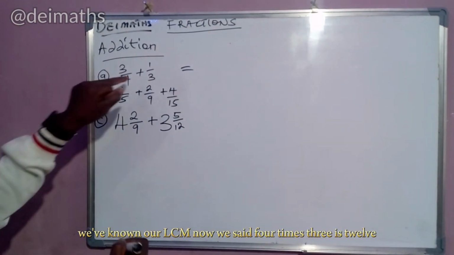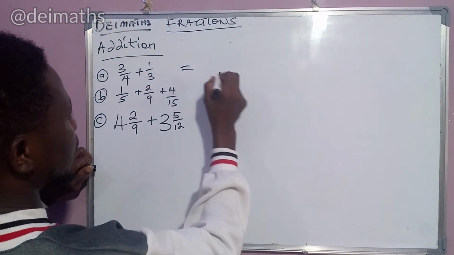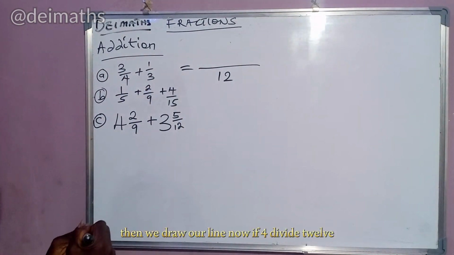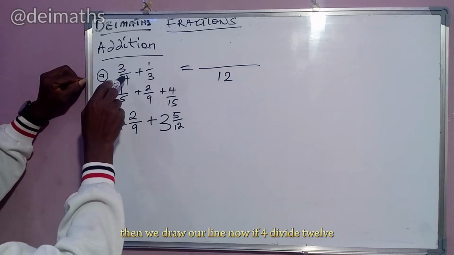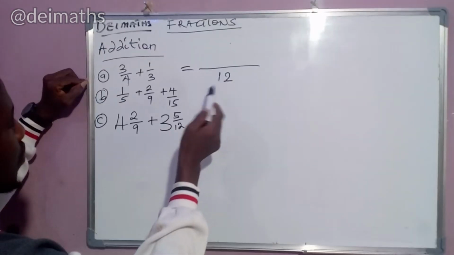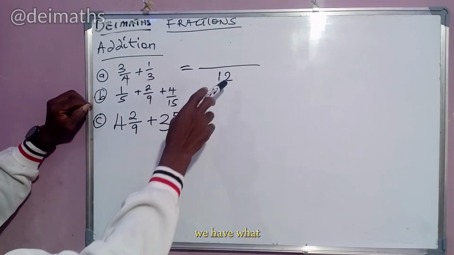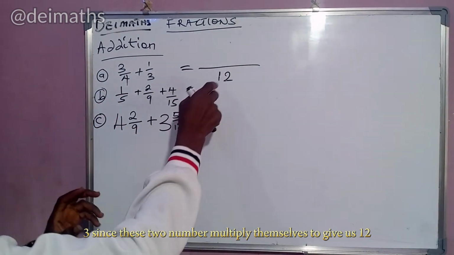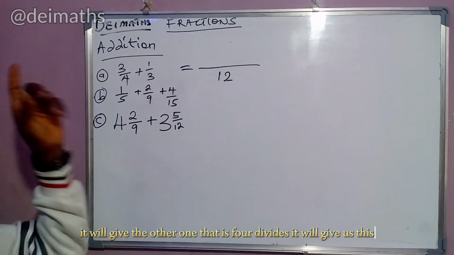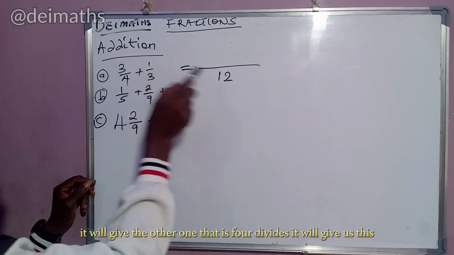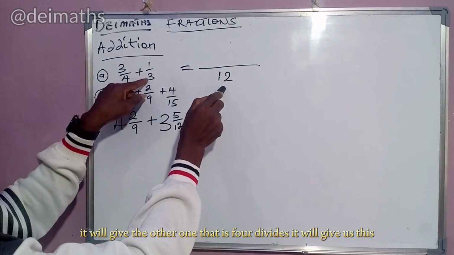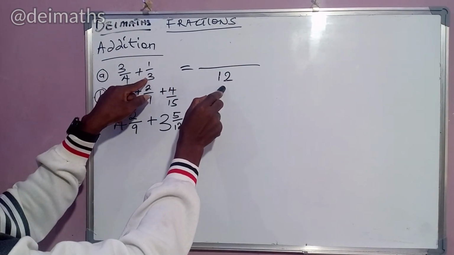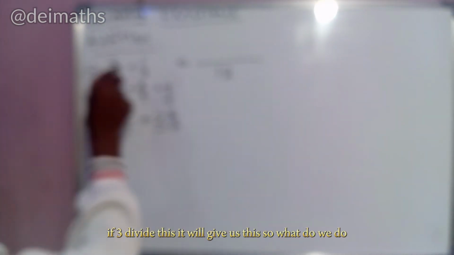Now we say 4 times 3 is 12. Then we draw our line. Now, if 4 divides 12, we have 3. Since these two numbers multiply themselves to give us 12, if any of them divides 12, it will give the other one. That is, 4 divides this, it will give us this. If 3 divides this, it will give us this.